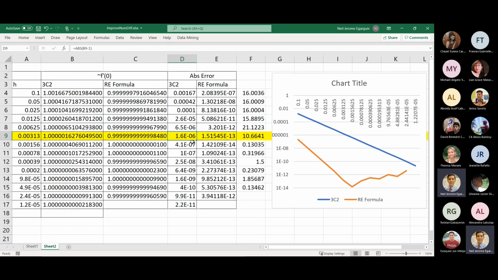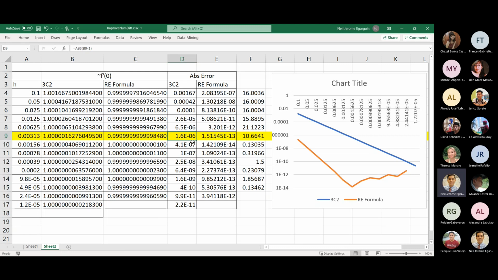So that's how Richardson extrapolation improves the numerical differentiation formula. It's more of playing with different values of h. So ginagawa nating mas mabilis nagko-converge yung estimate kesa dun sa finite difference formula na dinerive natin.